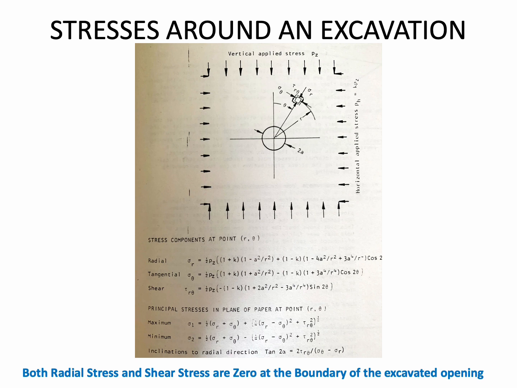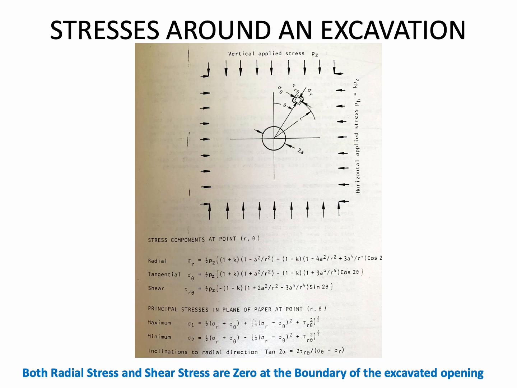Let us acquaint ourselves with the stresses around an excavation. There are radial, tangential, and shear stresses present at any excavated section, which are defined by the following shown equations.